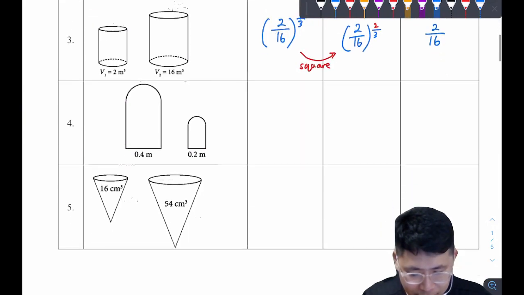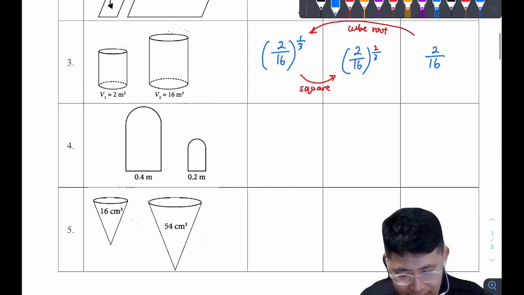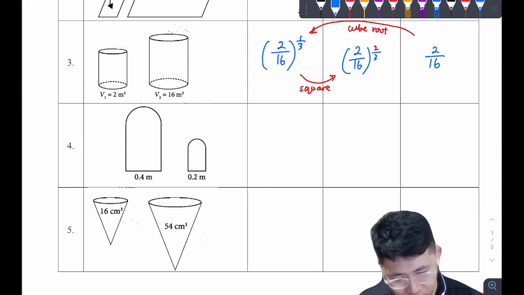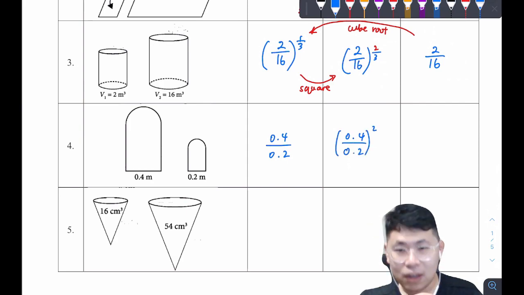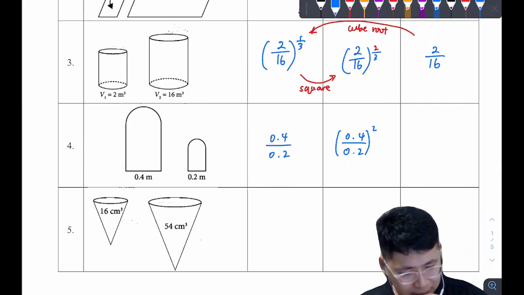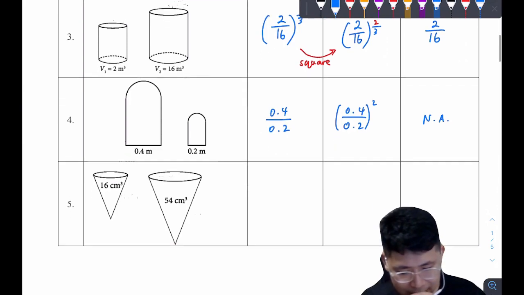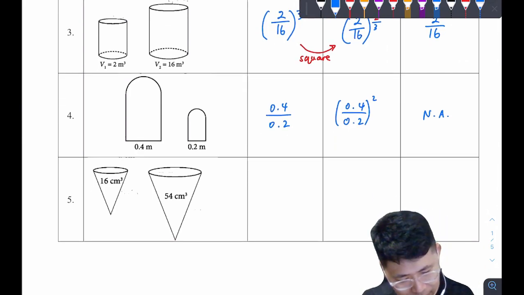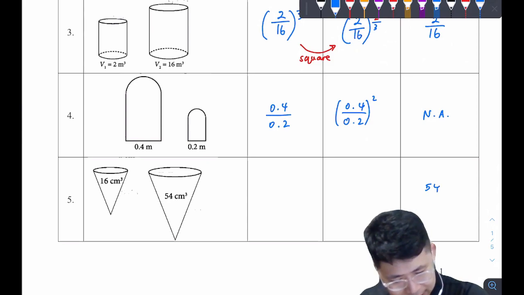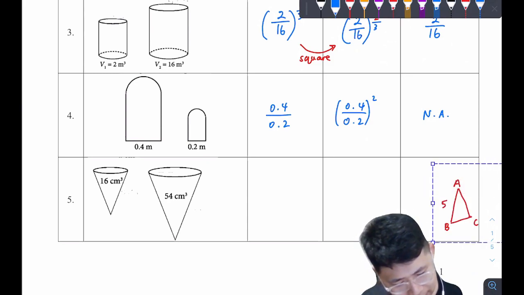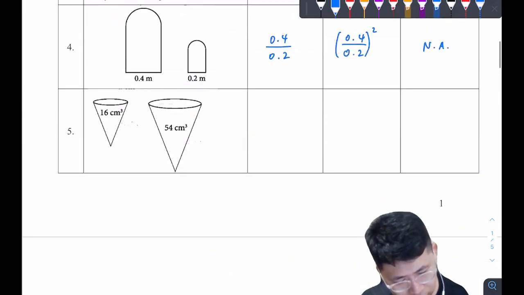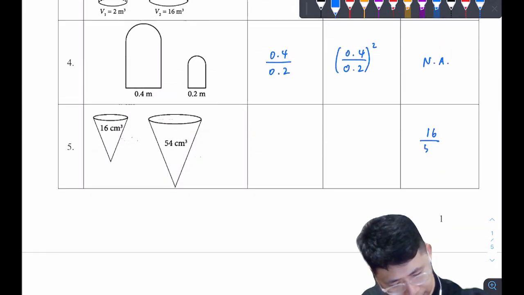Now similarly for question 4, same thing. We have 0.4 over 0.2, so this is length, correct? The area will be 0.4 over 0.2, but we square it. Really for this one, because this is area, there is no answer for volume. Now for this one over here, we have 16 over 54 as the ratio of volume.